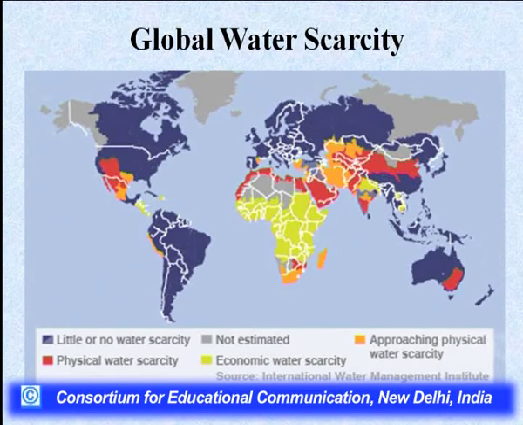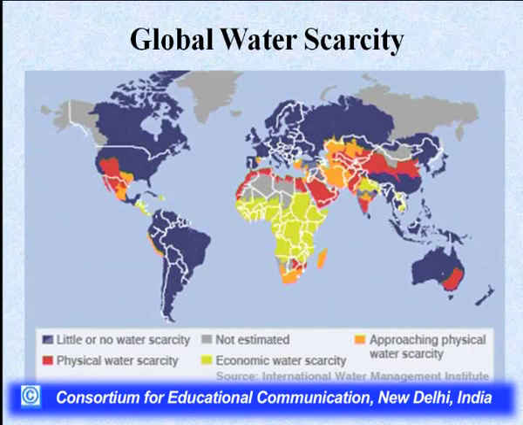In fact, 12% of the world population utilizes around 85% of the water resource of the world. So there is a huge inequality between different parties. Globally, water scarcity is large in different countries and different continents of the world.